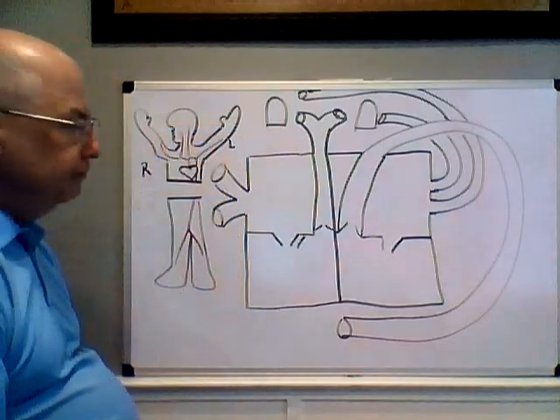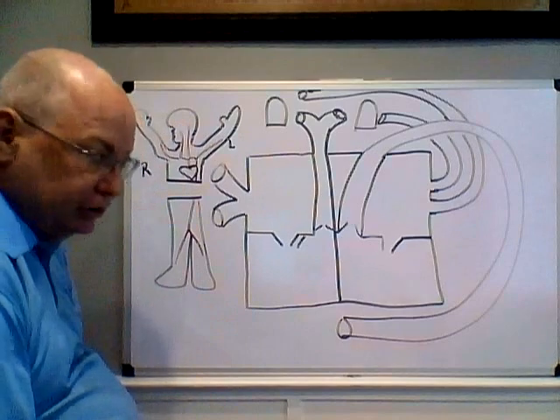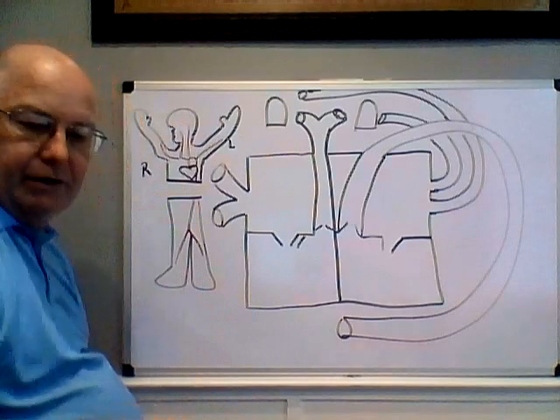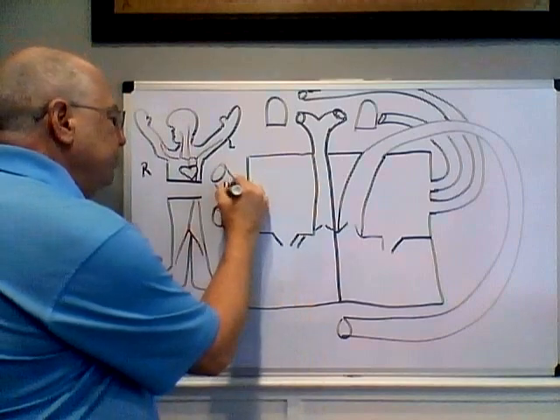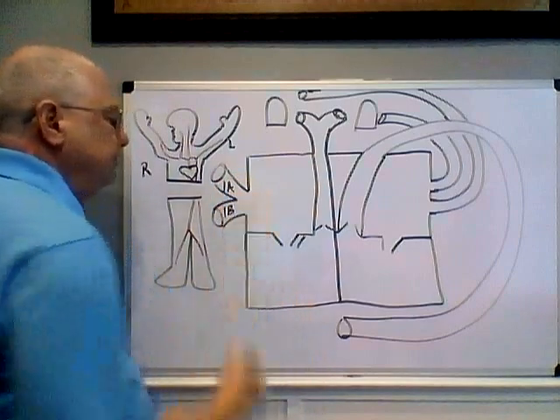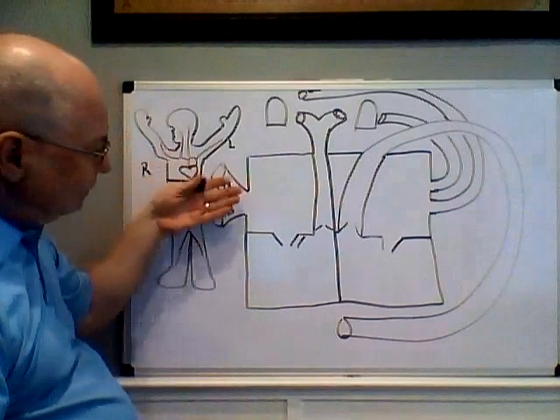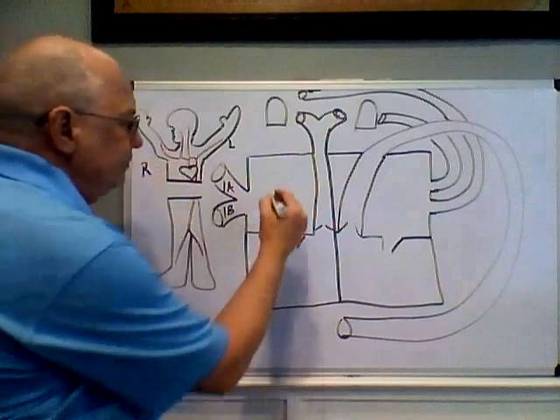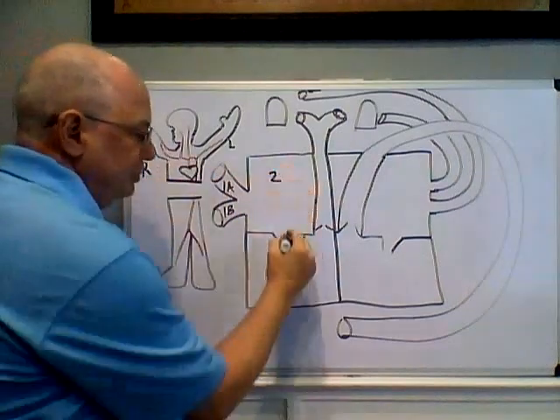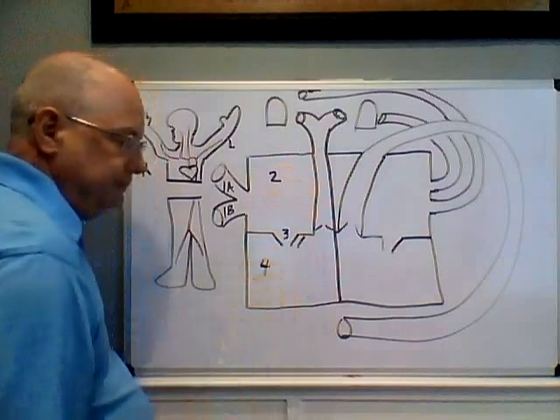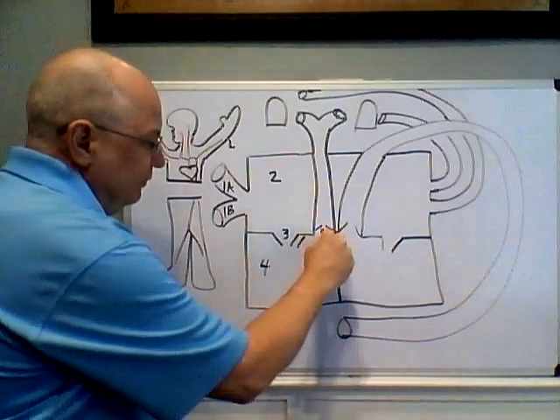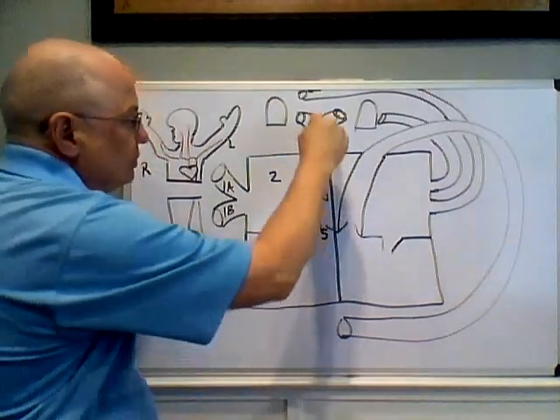Okay, so I'm going to number these structures and I'm going to go over them with you. So I like to number these 2 1A and 1B because they really are entering the heart at the same point. This is structure number 2, structure number 3, structure number 4. This is going to be 5, 6.